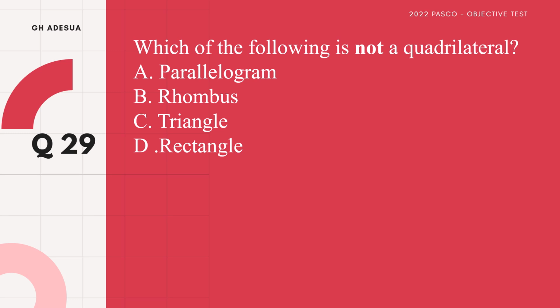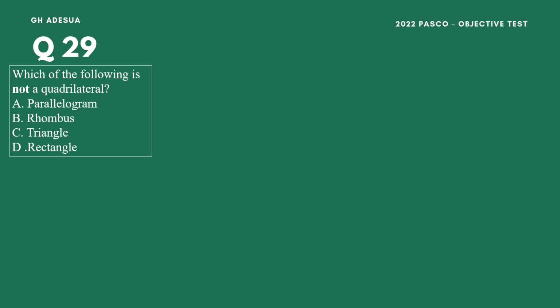Which of the following is not a quadrilateral? Now, when we look through the question, it asks which one is not a quadrilateral. A quadrilateral, from the word quad, means 4 parts. Any shape that has 4 sides.